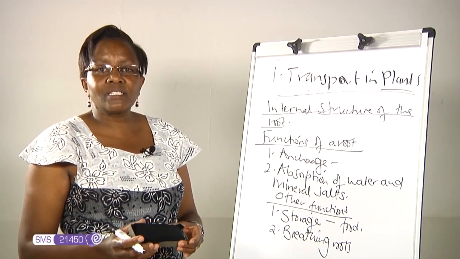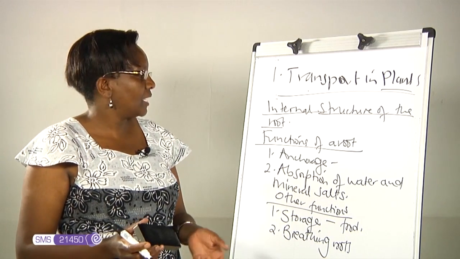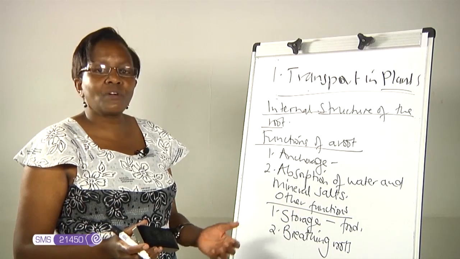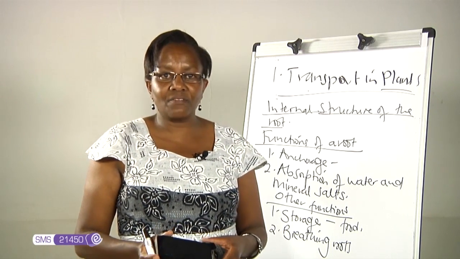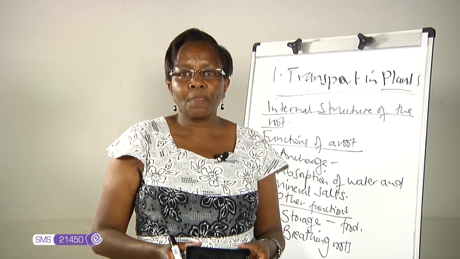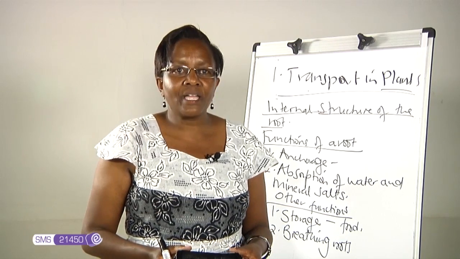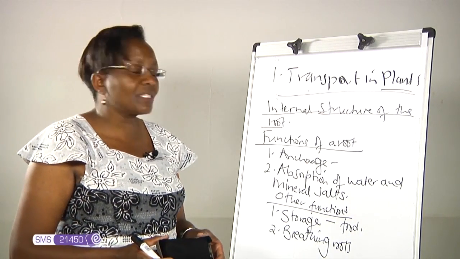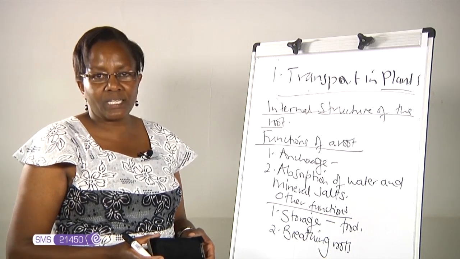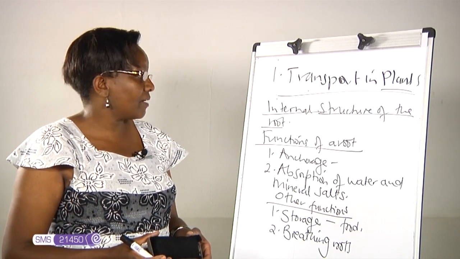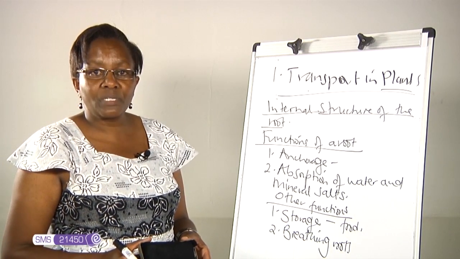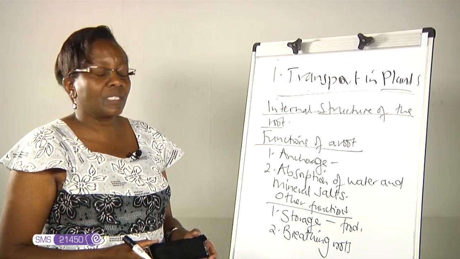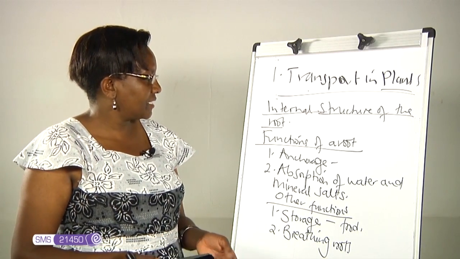We've also seen the different types of organisms. We have lower organisms that have a large surface area to volume ratio, and therefore they rely on diffusion alone. We've looked at the higher organisms. They are complex, they are multicellular, so they cannot rely on diffusion for transport. So they have a well-developed transport system.